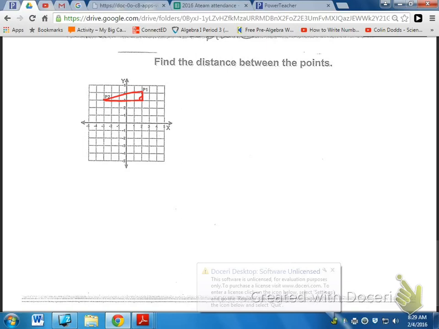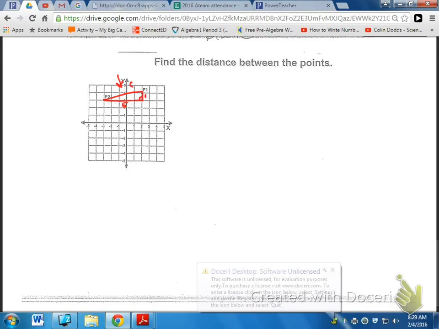A right angle? So this side is 1 unit. This side, 1, 2, 3, 4, 5 units. You see how I counted that? So what I'm going to do is find out that side. What do you think I would label that side? A, B, or C?